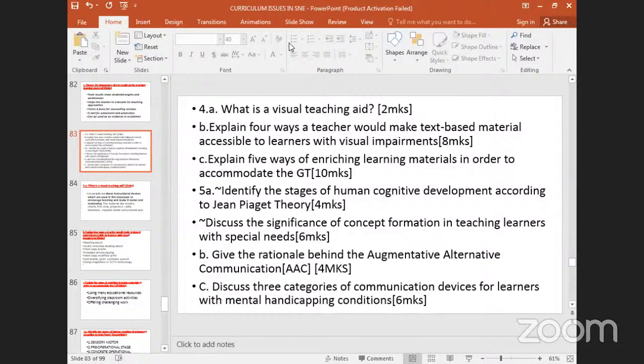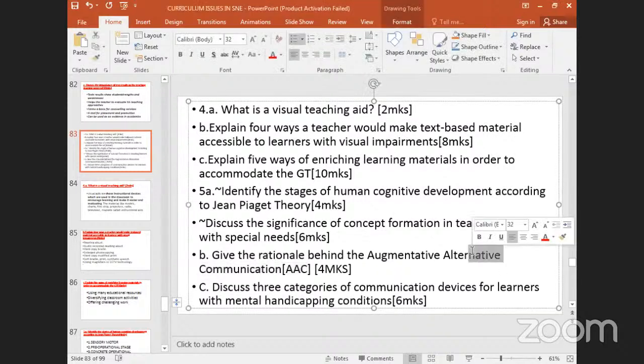Maybe first of all, we have to find out the meaning of augmentative alternative communication. So what is it, before we look at the rationale behind it? Somebody?